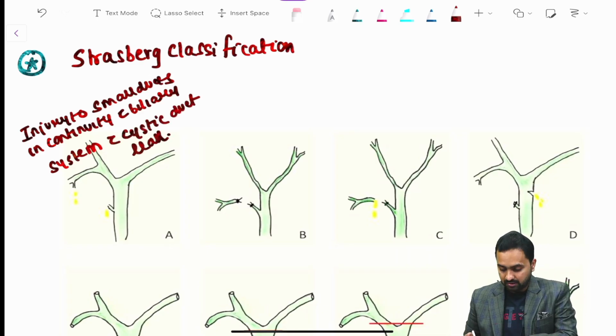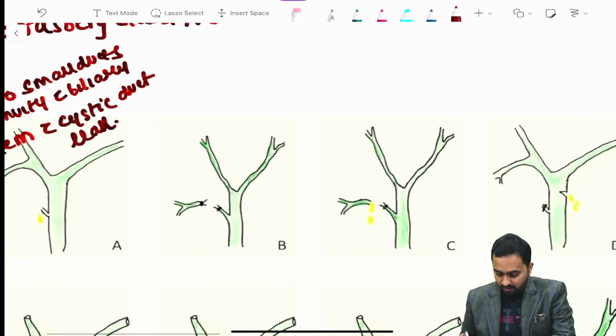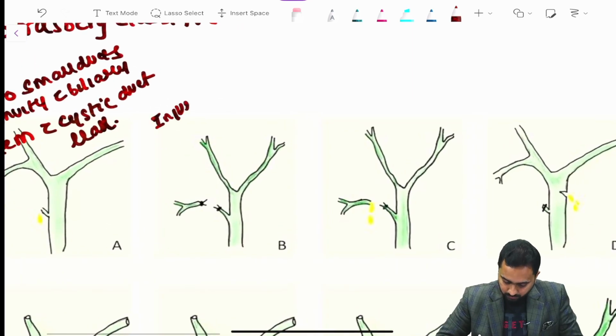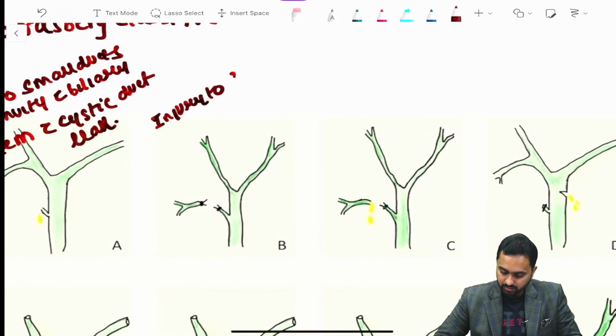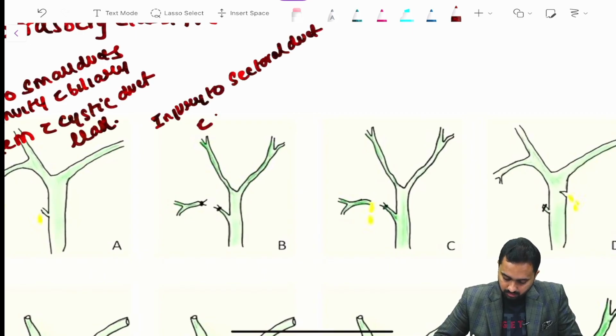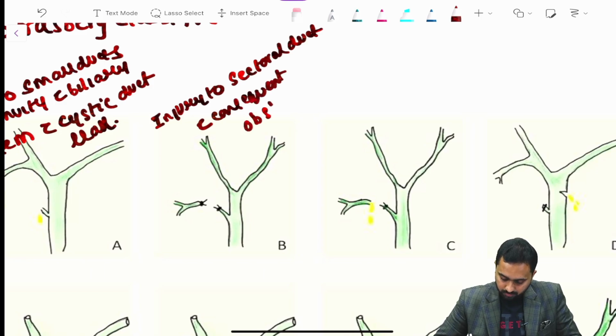Now, type B is where you have injury to your sectoral duct with consequent obstruction.